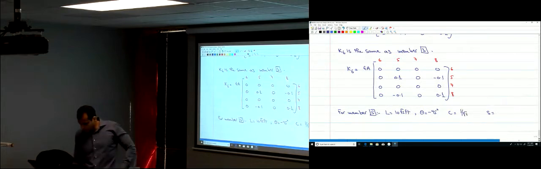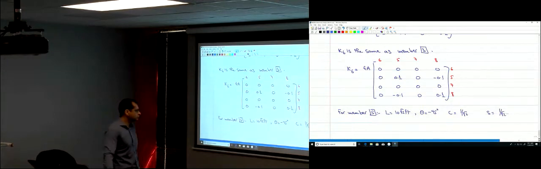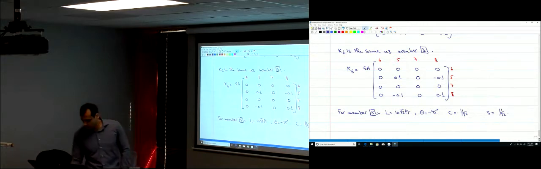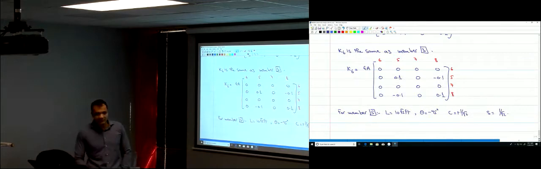If theta is negative 45 degrees, how much is cosine theta and how much is sine theta? In magnitude, both are 1 divided by square root 2. Cosine of negative 45 is positive 1 divided by square root 2, and how much is sine of negative 45?